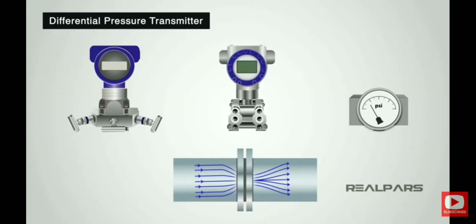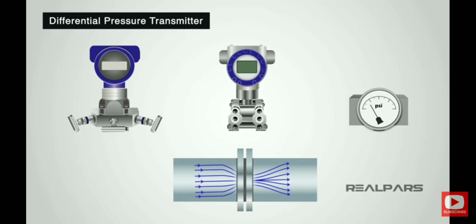Let's look at the application of a DP transmitter. DP transmitters are widely used in flow measurement applications, such as measuring the flow of fluid or gases through a pipeline and channels by using an orifice plate. They are employed for level measurement in a tank and vessel, providing indirect measurement based on the hydrostatic pressure of the fluid.